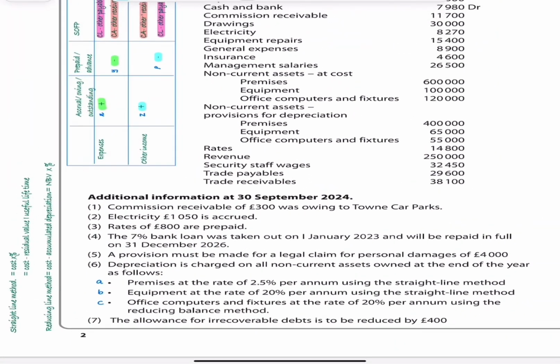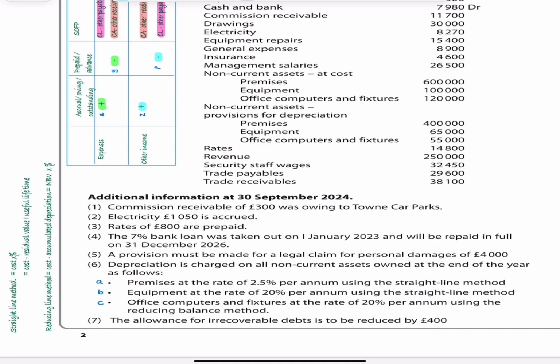We have some additional information. We have nearly 6 different pieces of information. Commission receivable of 300 was owing, electricity 1050 is accrued, rates of 800 are prepaid, 7% bank loan was taken out on 1st Jan 2023 and will be repaid in full on 31st December 2026.